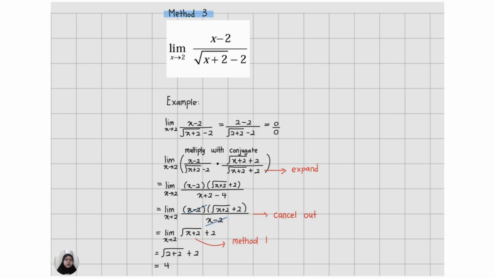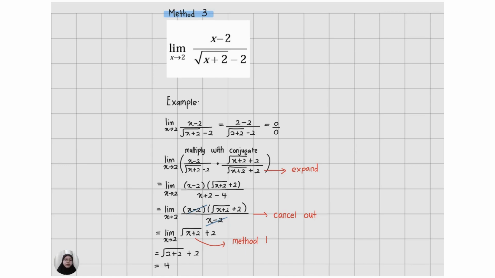Method number 3 is when there is a square root in the limit. For this example, we have limit x approaches 2, (x minus 2) over (square root of (x plus 2) minus 2). If we simply put in the x value, we also get 0 over 0. That is why we need to use method number 3, which is multiplying with the conjugate.